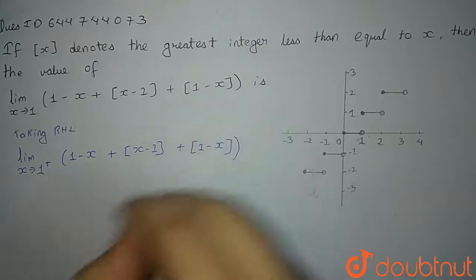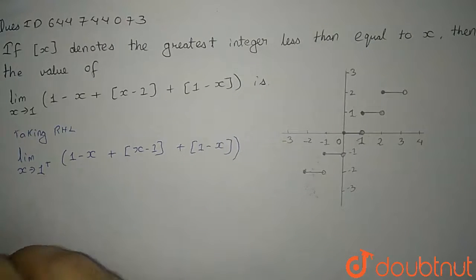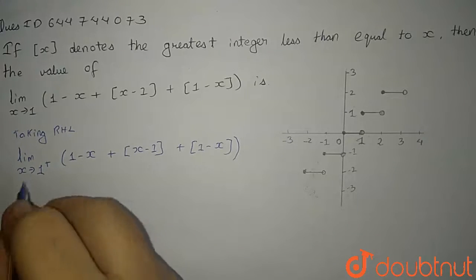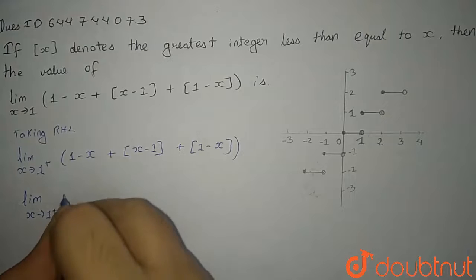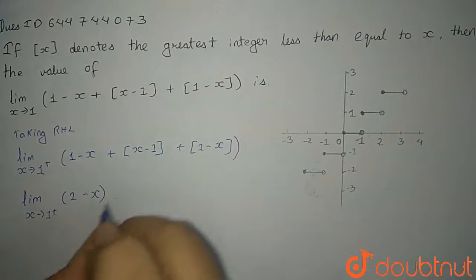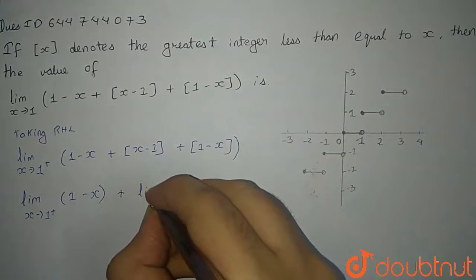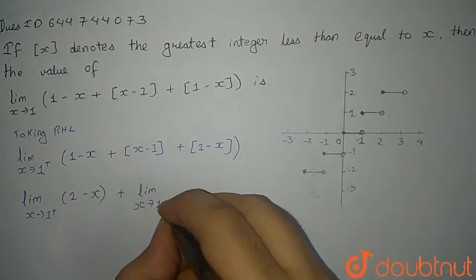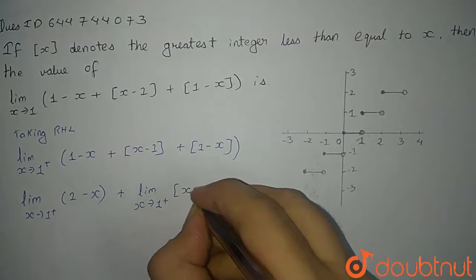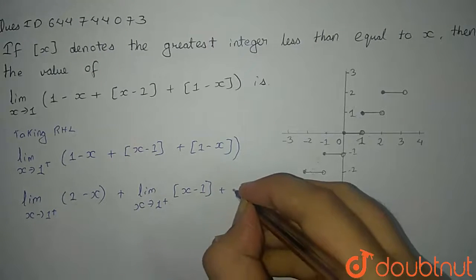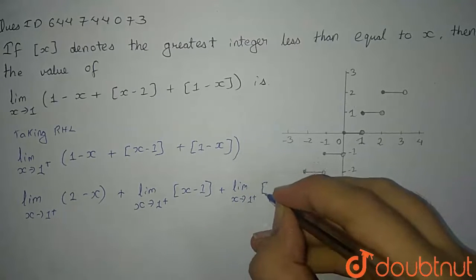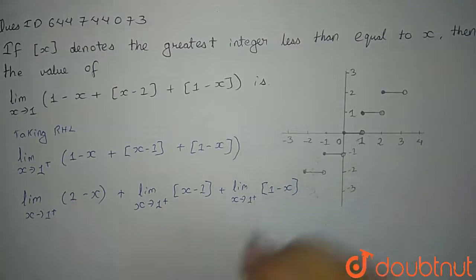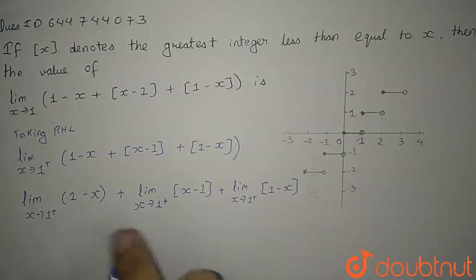Okay, so I can apply a rule here: limit of f(x) plus g(x) is equal to limit of f(x) plus limit of g(x). By applying that rule, we will get limit x tends to 1 plus of 1 minus x, plus limit x tends to 1 plus of greatest integer of x minus 1, plus limit x tends to 1 plus of greatest integer of 1 minus x.